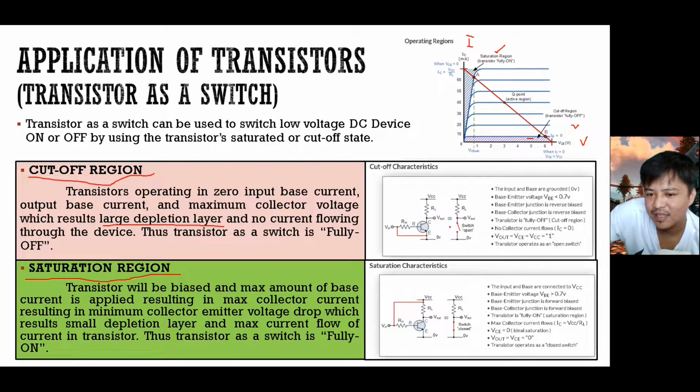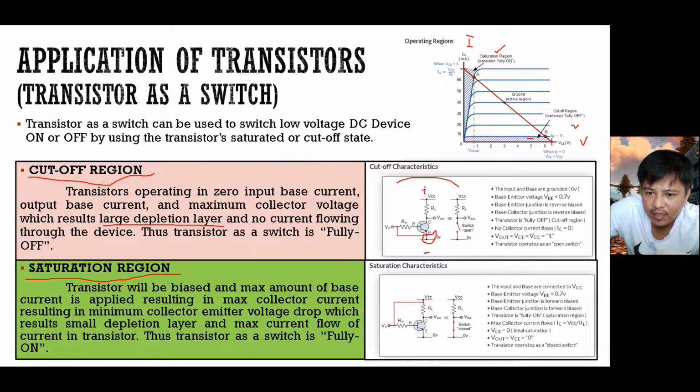So this is a sample circuit. I think this is an NPN. Since connected siya sa zero, ang ating base, this will be the supply. The main supply, this is positive and this will be the negative one.